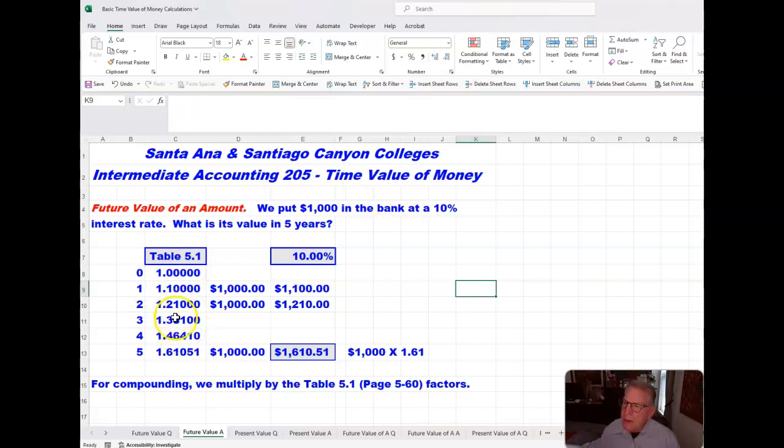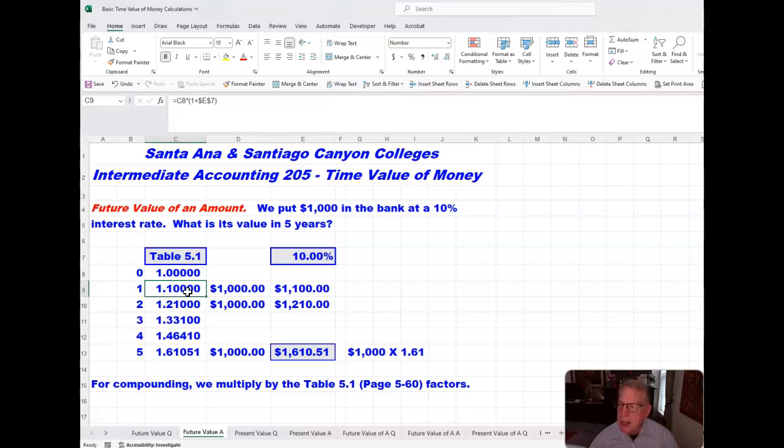How did I get that? Well, I start out in period 0. Period 0 is today, right now. And this is 1 year from now, 2 years, 3 years, 4 years, 5 years from now. So period 0 is always going to be 1. Then I multiply the previous cell times 1 plus the interest rate, just like we saw in the PowerPoint for that calculation methodology.